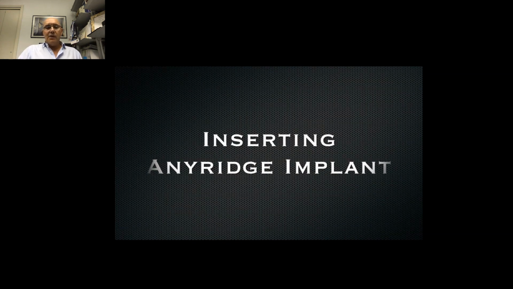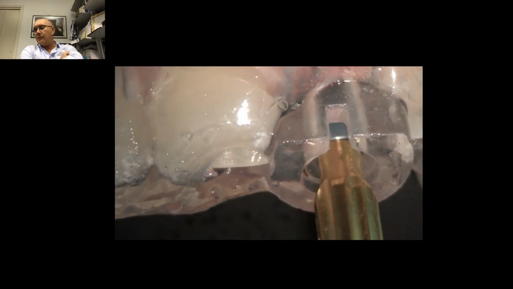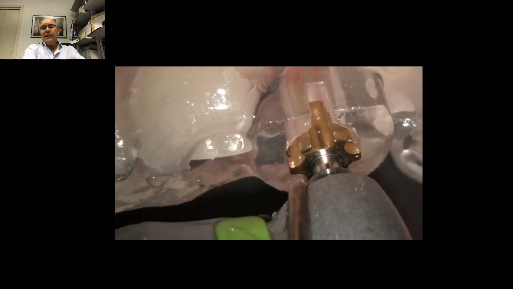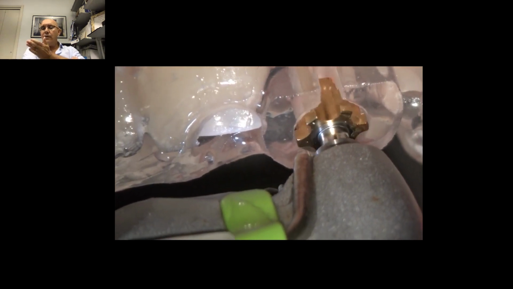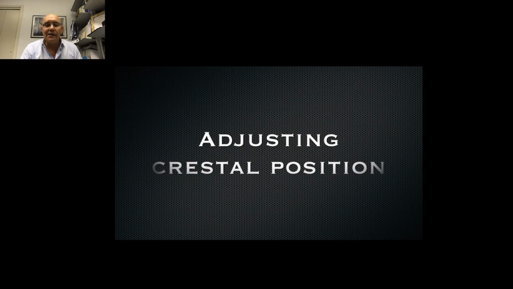Then we insert the AnyRidge implant that is quite aggressive, quite performing, and is the one that allows us to perform immediate loading if we get a good ISQ. So in this case, we need to adjust the crestal position.